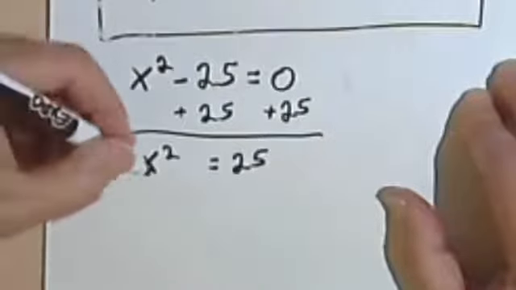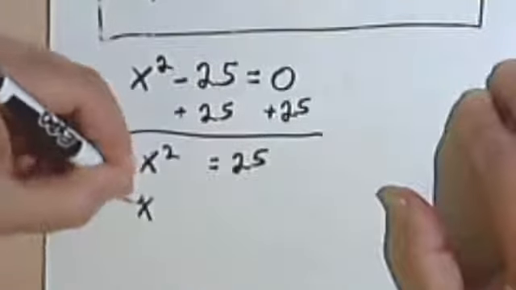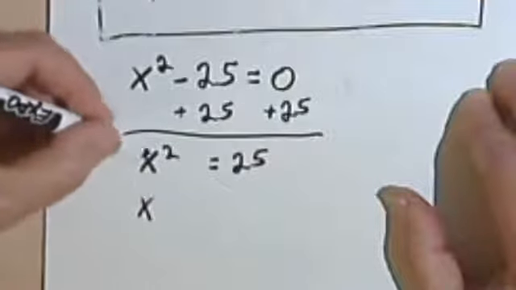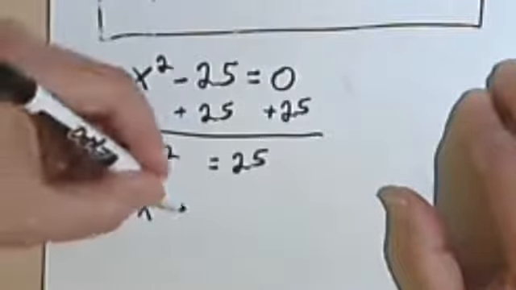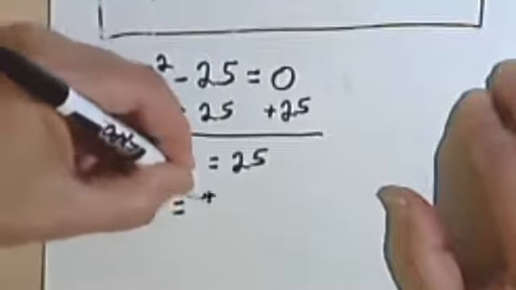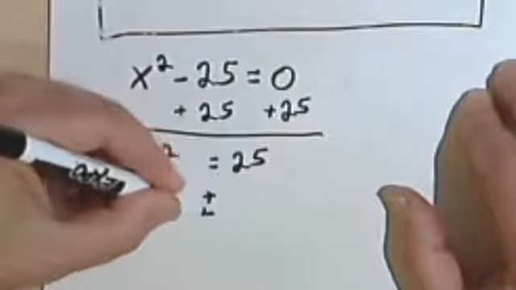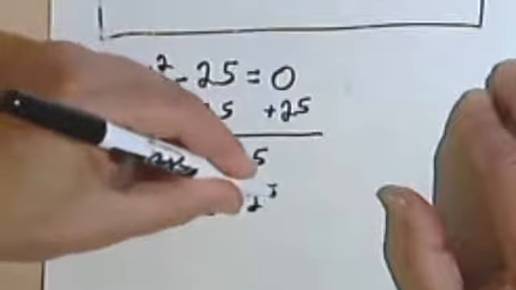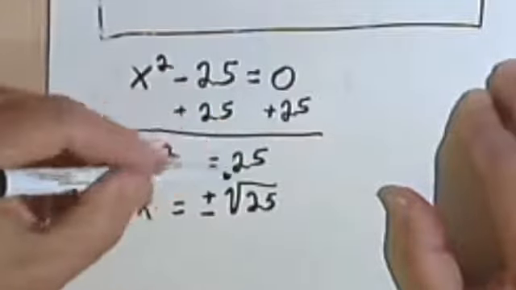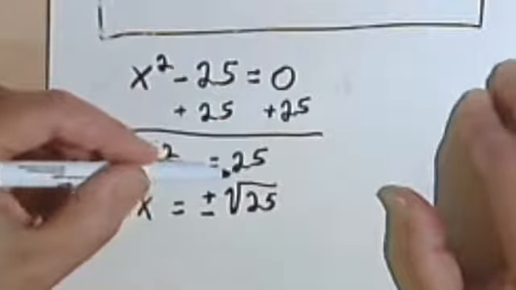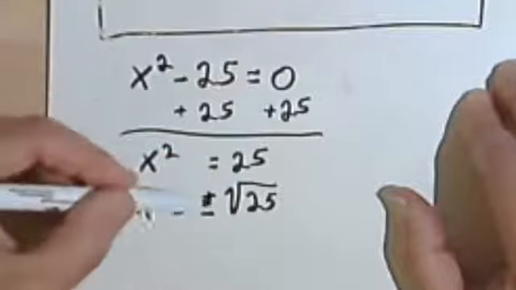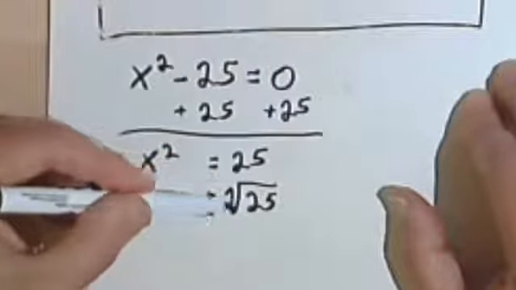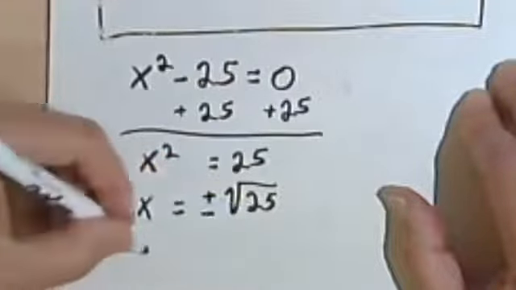So what I'm going to do is I'm going to write x. I'm going to think of myself as taking the square root of x squared. And then I'm going to have the positive and negative square roots of the right side of the equation of 25. In other words, x could equal the positive square root of 25, or it could equal the negative square root of 25.